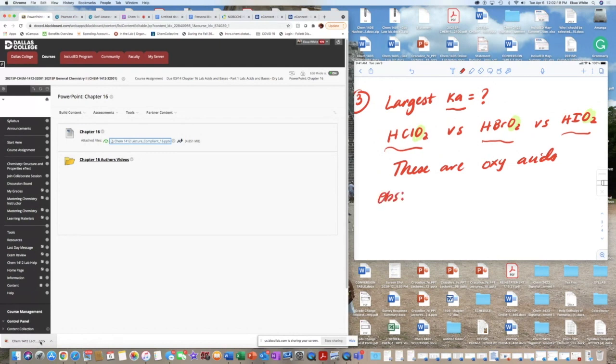They all have the same number of oxygen, because sometimes one of the obvious differences in the acid formula is the number of oxygen. And in the PowerPoint, more oxygen, more acidic, right? But the oxygens are the same. What's the next thing? Hydrogen, they all have the same number of hydrogen.